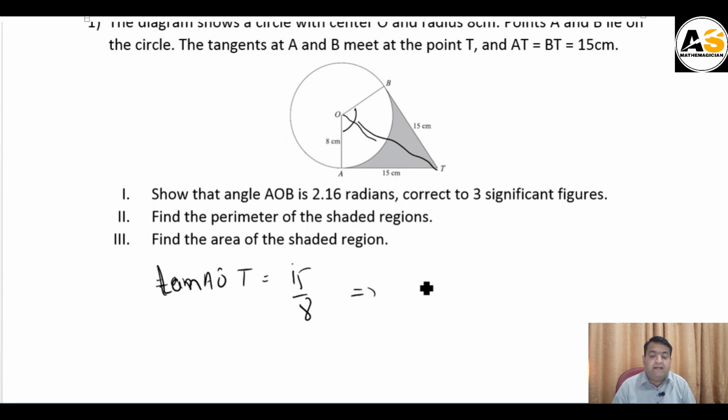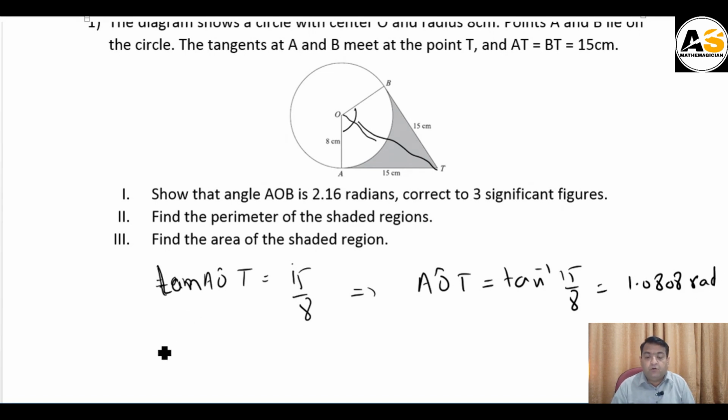From here I will write AOT angle is equal to tangent inverse 15 over 8, which will in return give us 1.0808 radians.